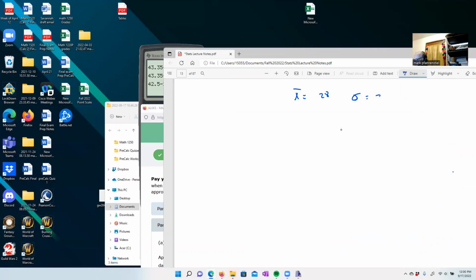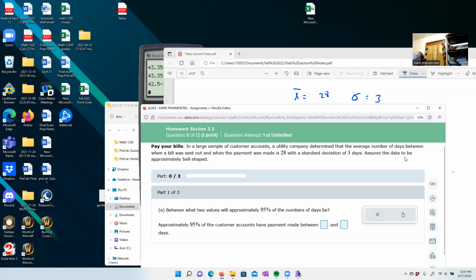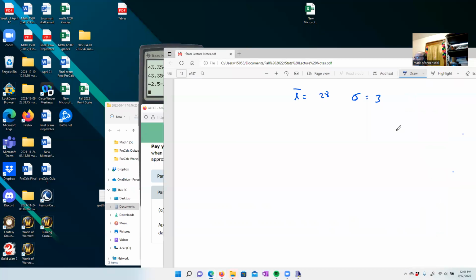Standard deviation is 3. So we want between 95%. Okay, so we're going to say, oh, that's between -2 and +2. So what we have to do is we have to say x minus mu divided by sigma equals -2. X minus mu divided by sigma is equal to +2.